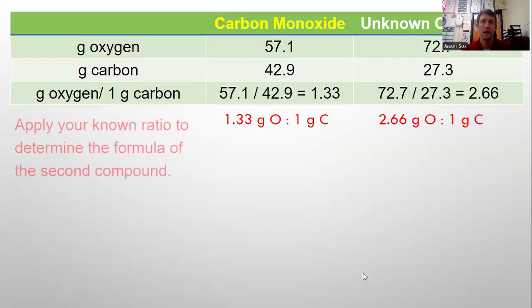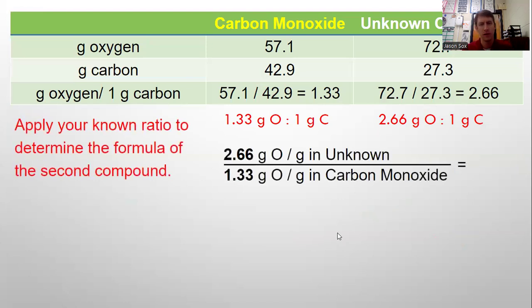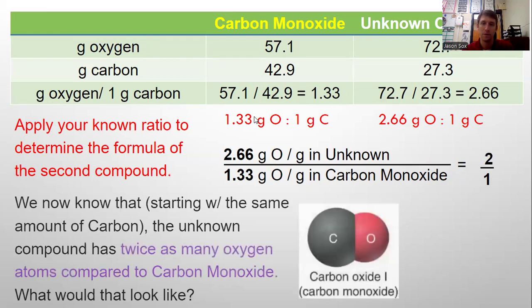Well, what if it's not super friendly numbers? How do we figure out what that ratio is? You would just, again, take the bigger number, divide it by the smaller number here, and we can see again that the bigger compound has twice as much oxygen as the carbon monoxide does. Remember, we know what the chemical formula of carbon monoxide is. That was given to us.